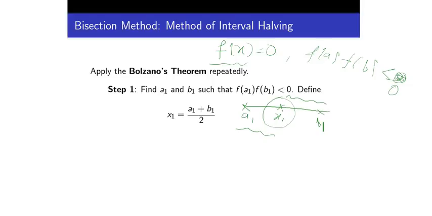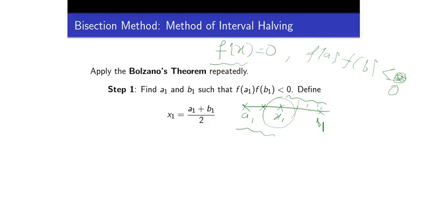In the first case, if f of x1 into f of a1 is negative, your root lies here, so you are going to discard the other part and start working on this one. Then repeat the process. Again you subdivide, and if it is not the exact root, you will get another midpoint, and repeat the process. Okay, right.